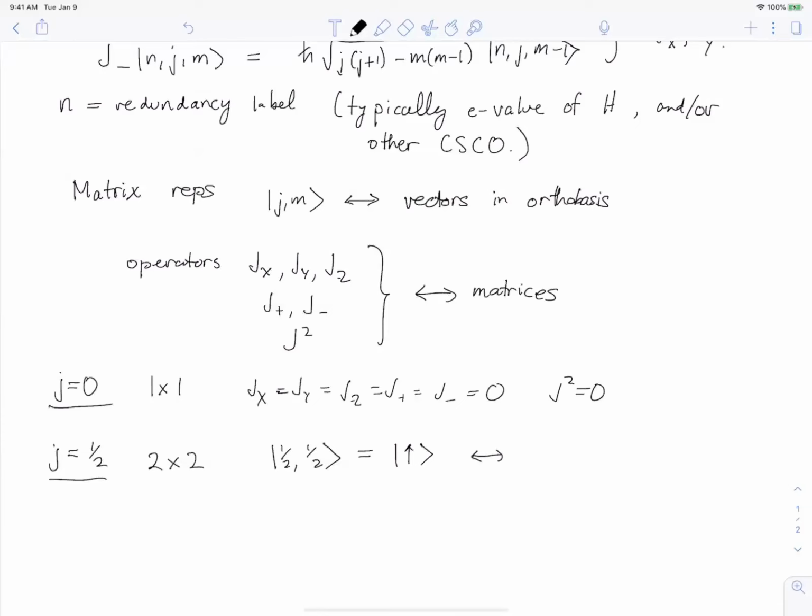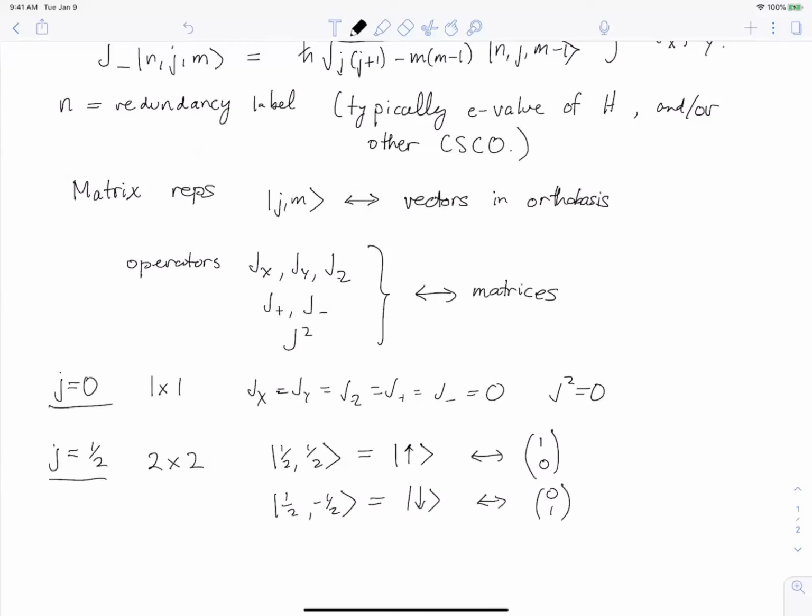And this is represented in the Hilbert space by the vector 1, 0. 1/2, minus 1/2 in JM notation is spin down, and that's represented by 0, 1.